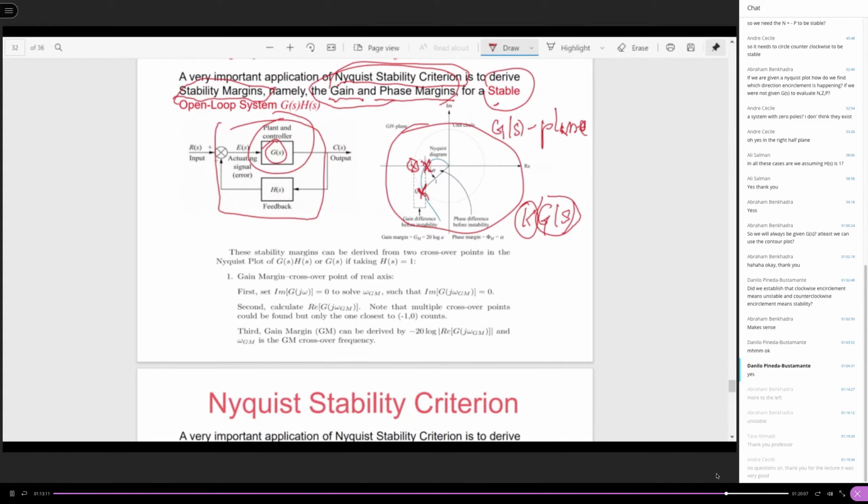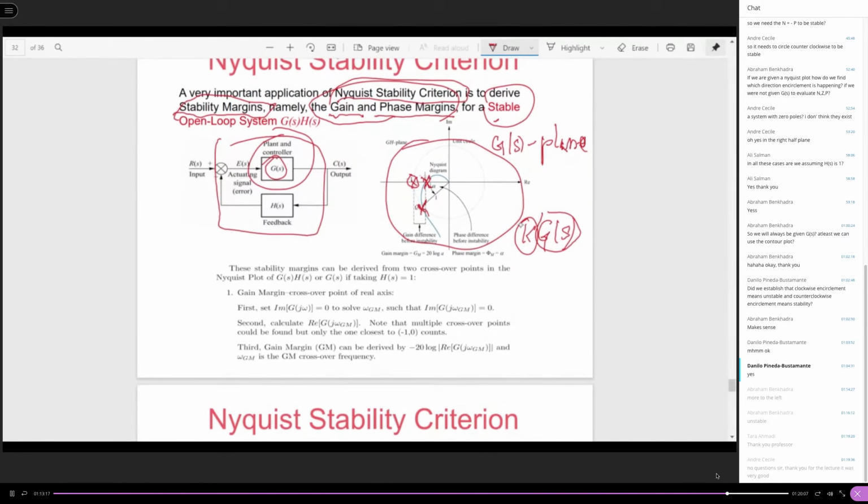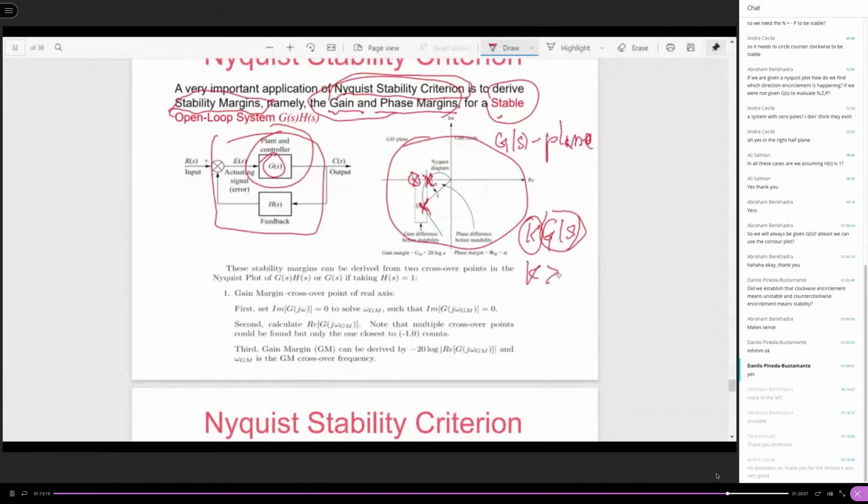It's going to expand it, depending on the value of K. If K is larger than 1, then because you multiply K to G(s), it's like you exaggerate the magnitude of G(jω), so you expand the plot.